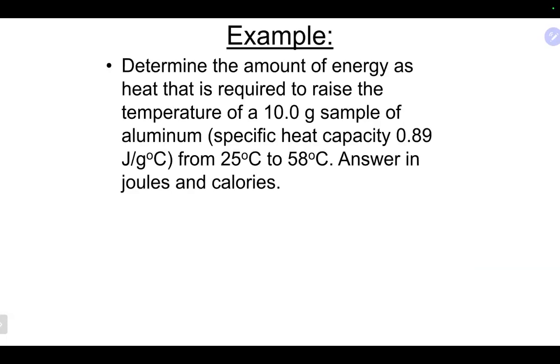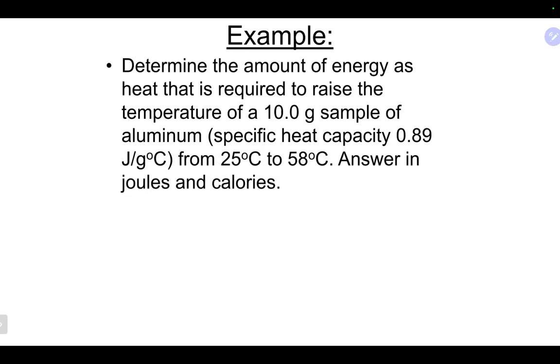All right, so why don't you try one here. Determine the amount of energy that's required to raise the temperature of a 10-gram sample of aluminum, specific heat capacity 0.89, from 25 to 58 degrees Celsius. Let's take a look here.